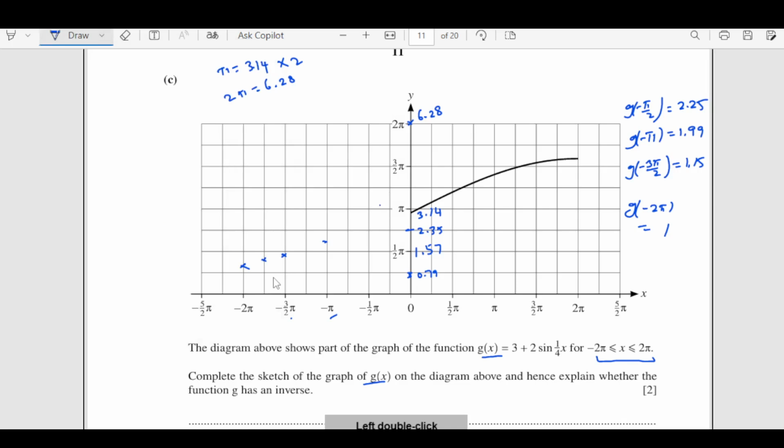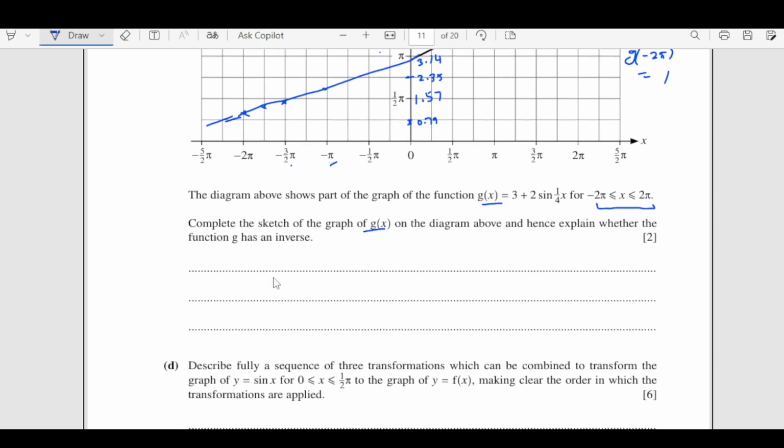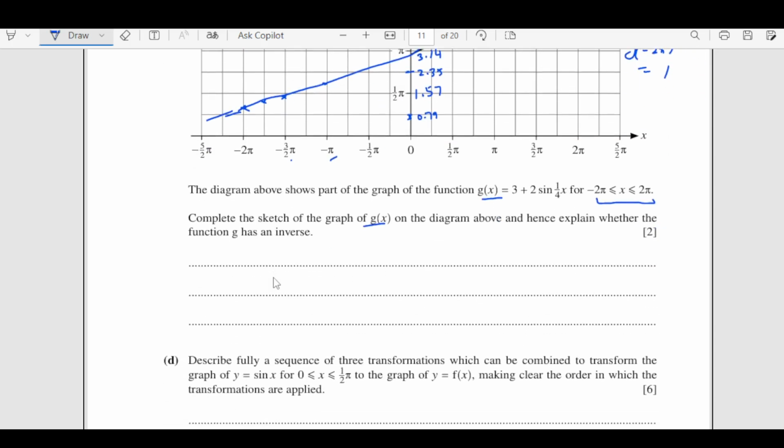Just join these points somehow like this, right? So then what is the next part? Complete the sketch above and explain whether the function g has an inverse.